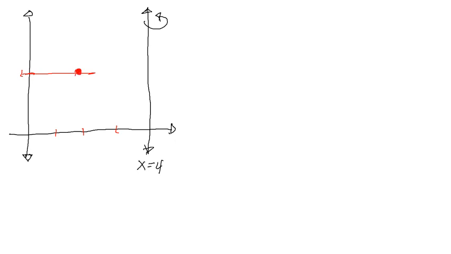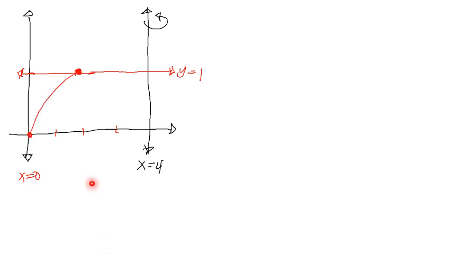This is the vertex, y equals 1 here. Then our curve at x equals 0, which is the y-axis, has y equals 0. Our parabola is facing downward, so it's like this.